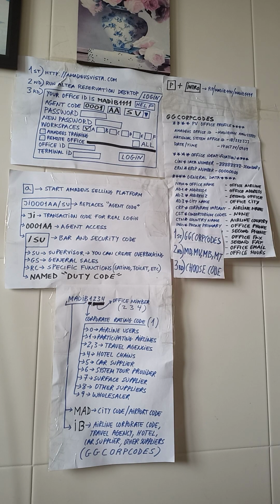The second way to get the Office ID code is here, okay, as I said before. You need to tap GG Core Codes.